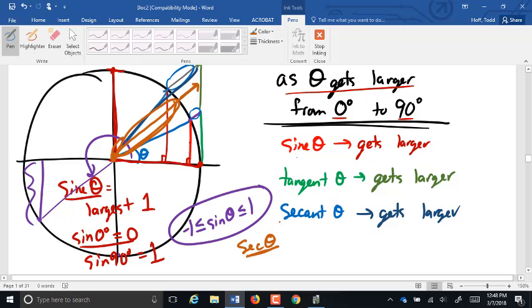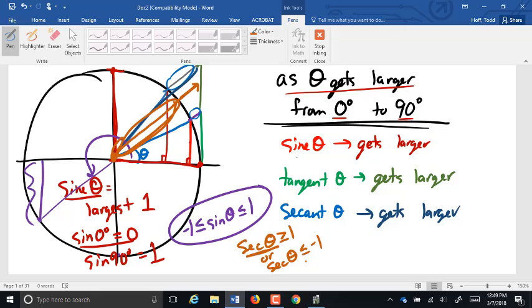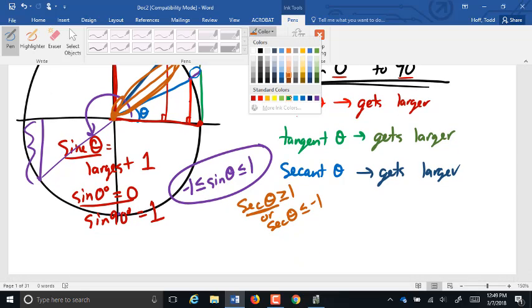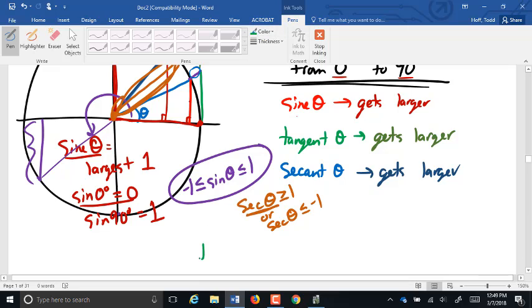So the secant always has to be greater than 1 or less than negative 1. In other words, the secant cannot be between negative 1 and positive 1. Tangent, however, can have any value. Literally any value.